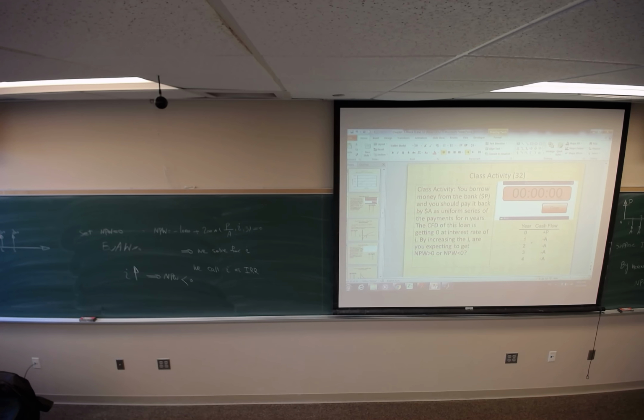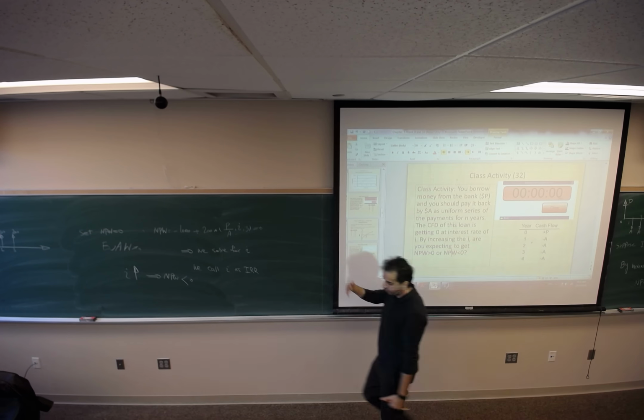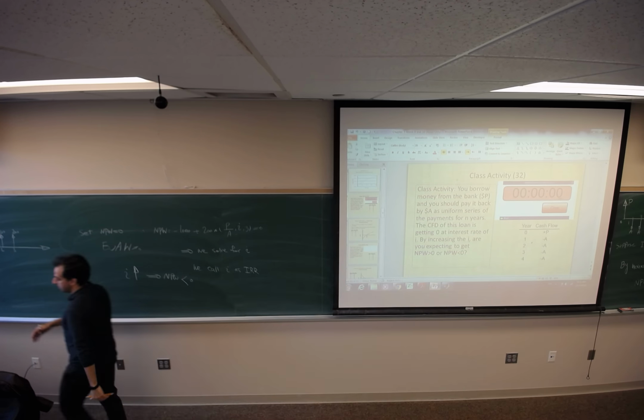You don't touch P because it happens in present time. So by increasing or decreasing the I, nothing happens to P. But the present value of the future payments is decreasing because you discount the future payments at a higher rate.